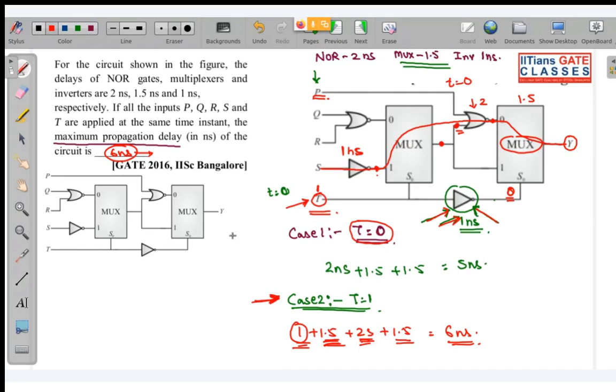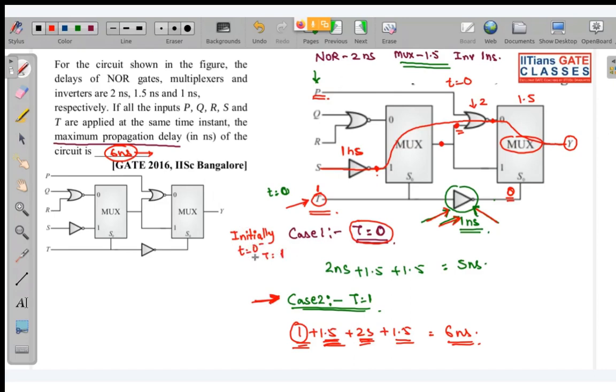Here I have assumed that initially, at t equal to 0 minus, T was 1. Has it been given anywhere that your inputs are fixed to 0 or 1? It has not been given.